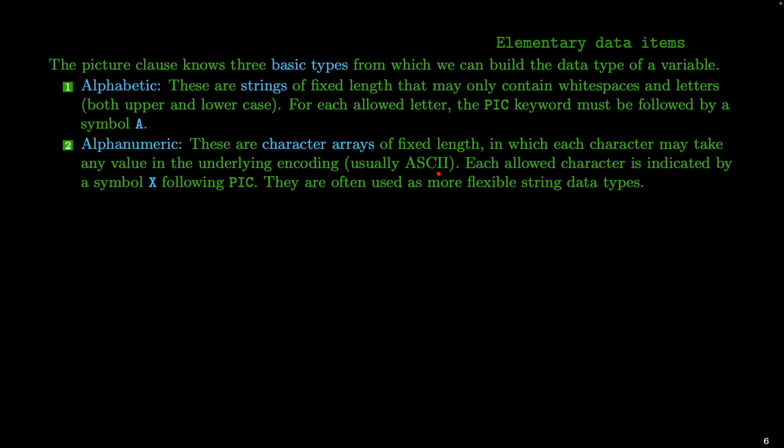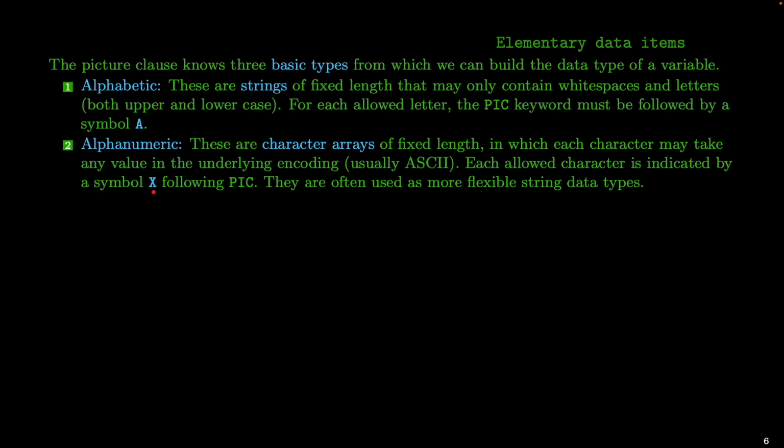Again, similar to the alphabetic type, every character that is allowed in our variable is indicated by a symbol X following pic. So if you want an alphanumeric string that is 5 characters long, we have to follow pic by 5 symbols X.